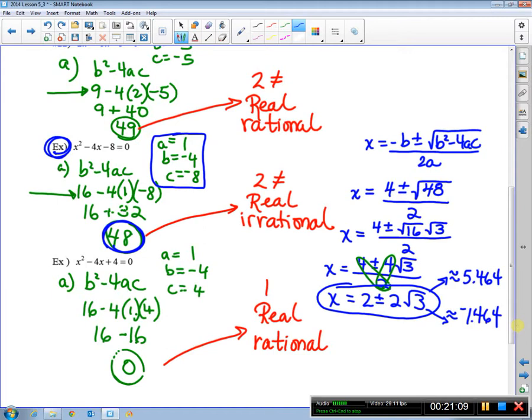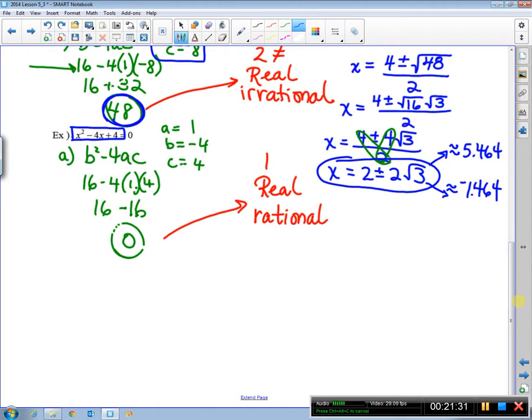And if I graphed the equation y equals this, then I should notice roots close to 5.5 and close to negative 1.5. So if you have a moment, I would recommend doing that.